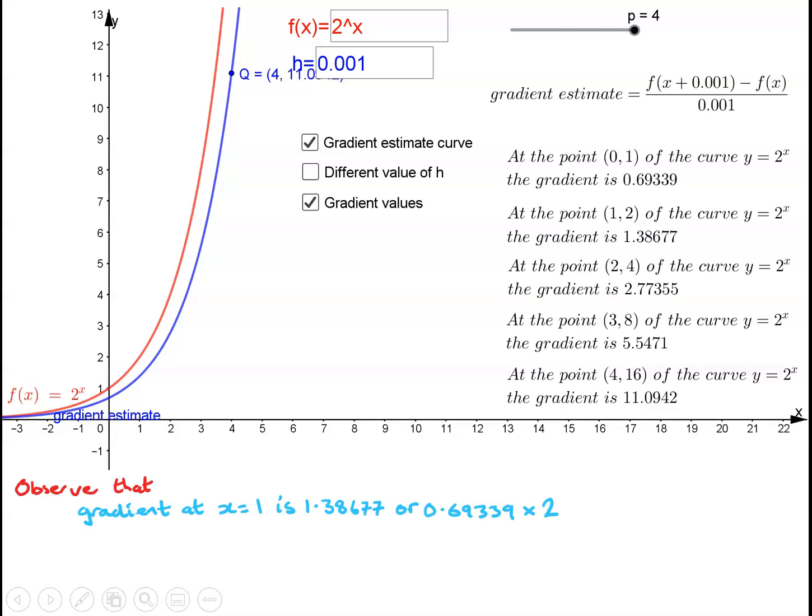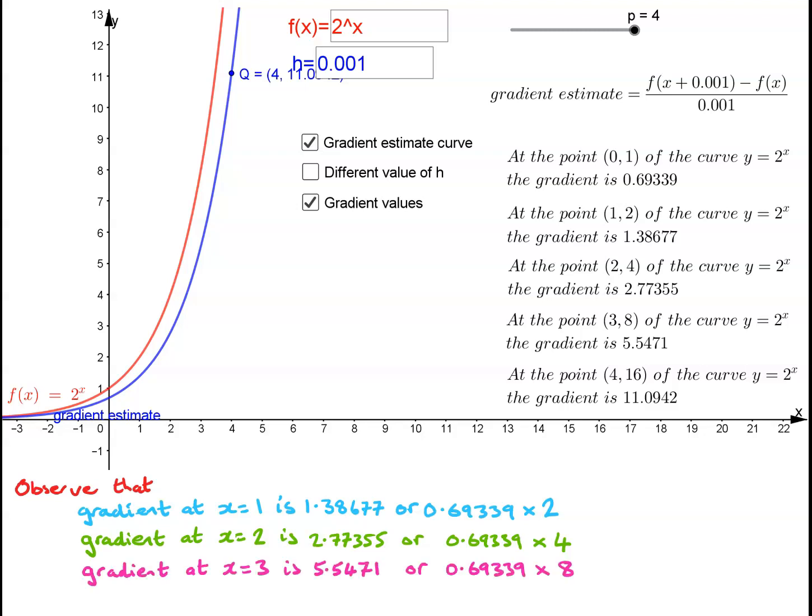So the gradient at x equals 1 was 1.38677, which was double the value of the gradient when x was 0. When x is 2, the gradient was 2.77355, which is 4 times the value of 0.69339.